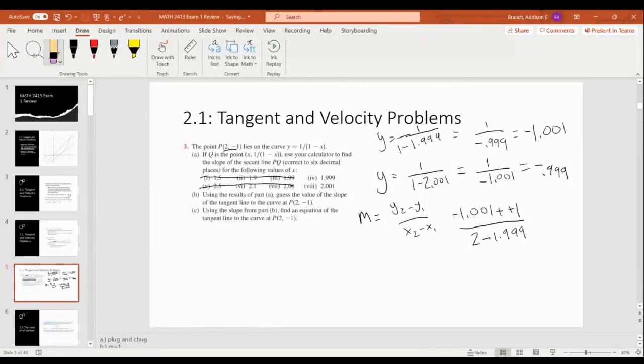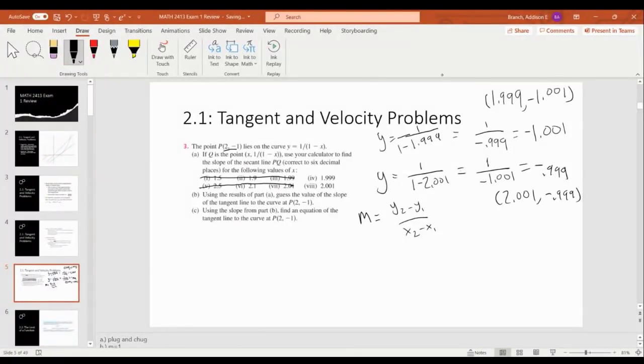I got that mixed up. All right, let's rewrite our points like this: 1.999, negative 1.001. There we go. And let's rewrite it like that down here, 2.001, negative 0.999.